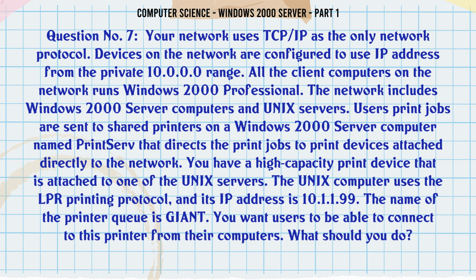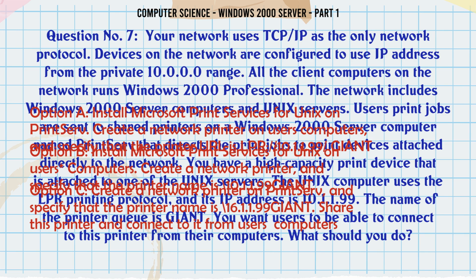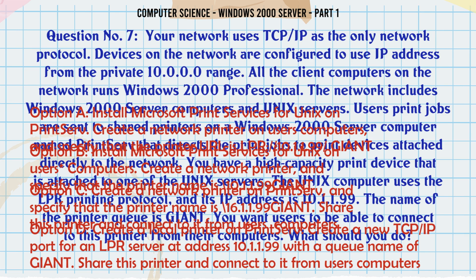Your network uses TCP/IP as the only network protocol. Devices on the network are configured to use IP addresses from the private 10.0.0.0 range. All the client computers on the network run Windows 2000 Professional.